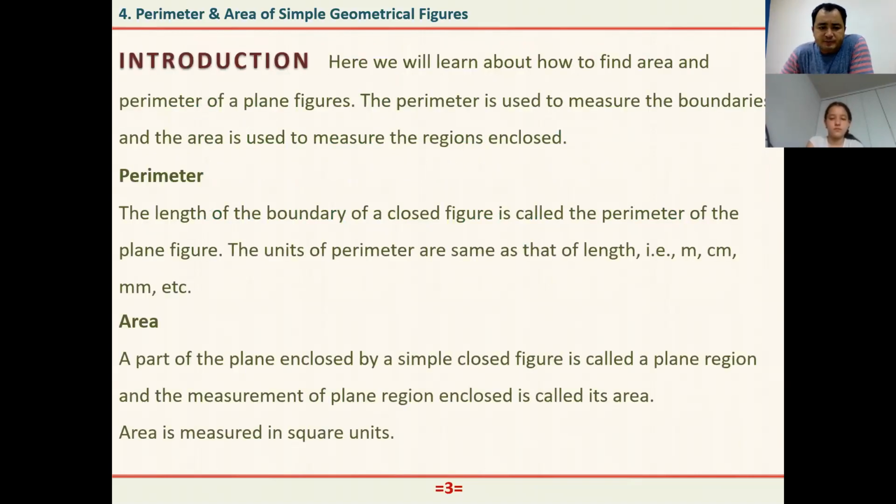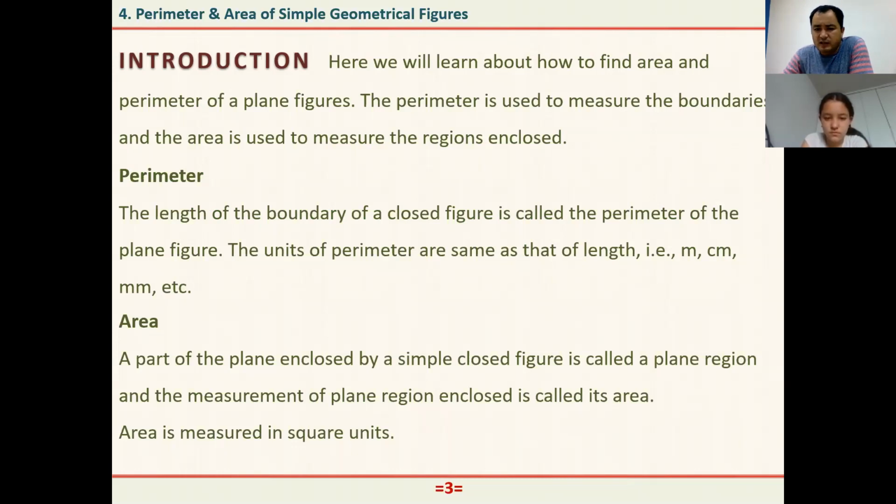So first, let's talk about perimeter and area, the definitions. After that, we will focus on solving problems. After all, we need to have some theory, but in math, we learn well when we do different problems. So when we say perimeter, it's the length of the boundary of a closed figure. It must be closed.